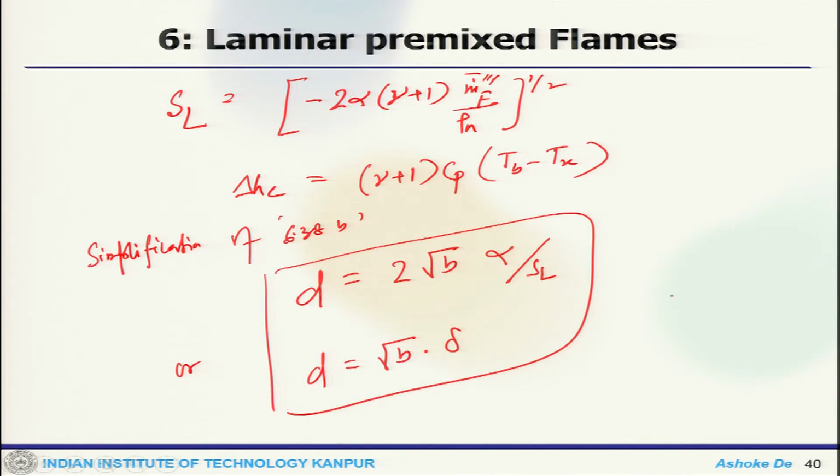So, this is a correlation that one can get for the quenching distance with the premix thickness.